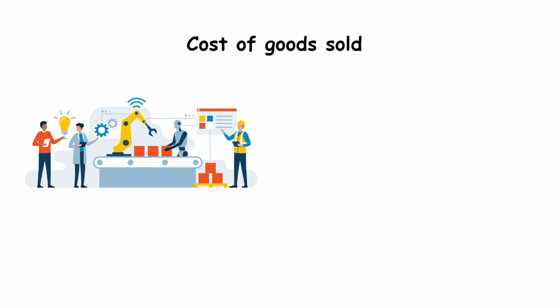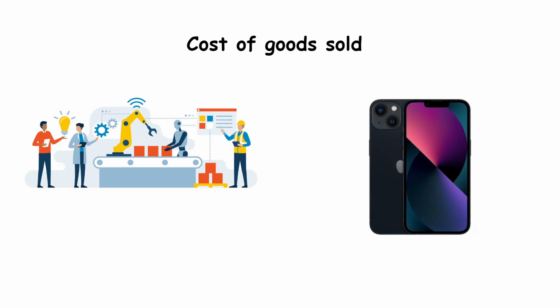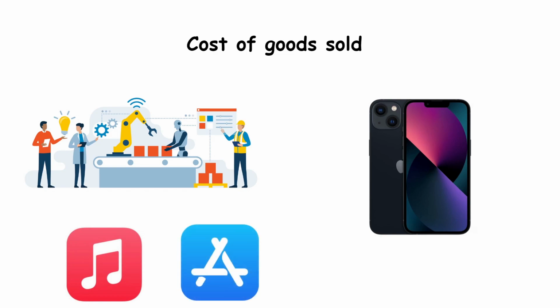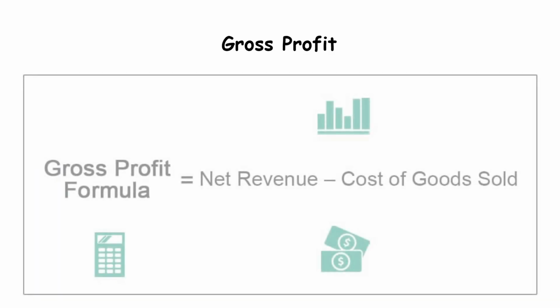For Apple, this would include the cost of producing iPhones, iPads, and Macs, as well as the cost of acquiring content for Apple Music and for the App Store. The gross profit is the revenue minus the cost of goods sold. It represents the profit a company makes from selling its products and services before deducting operating expenses.